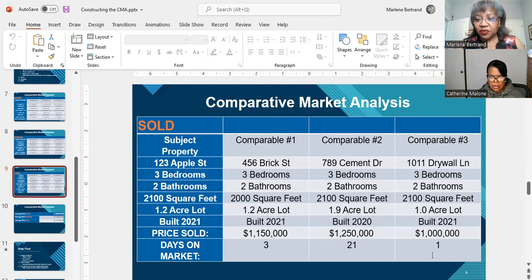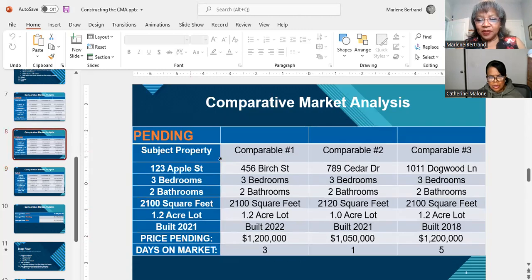Look at comparable number three. It was priced at $1 million even and was on the market 1 day. Now let's go back into the pending. Look at this one, it'll give you some insight. Comparable number two was only on the market for 1 day. That's because it was priced at 1,050,000.